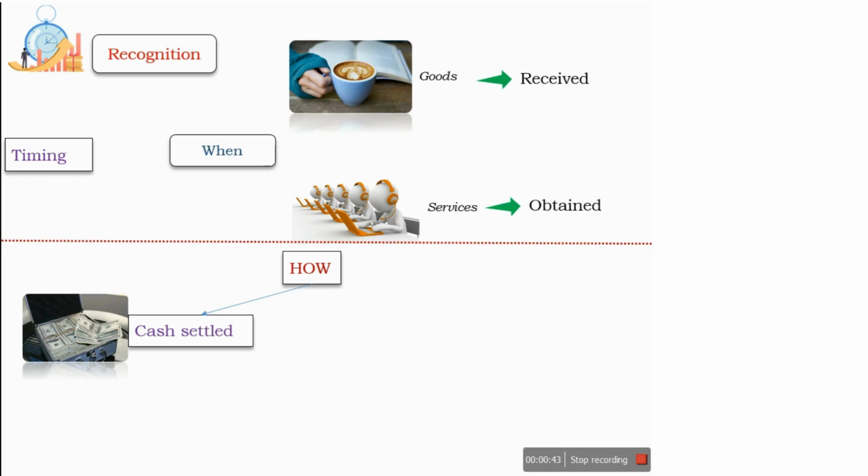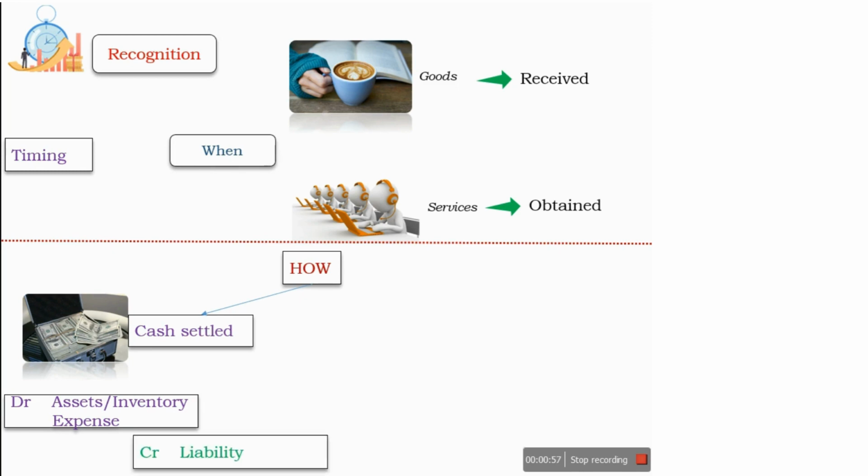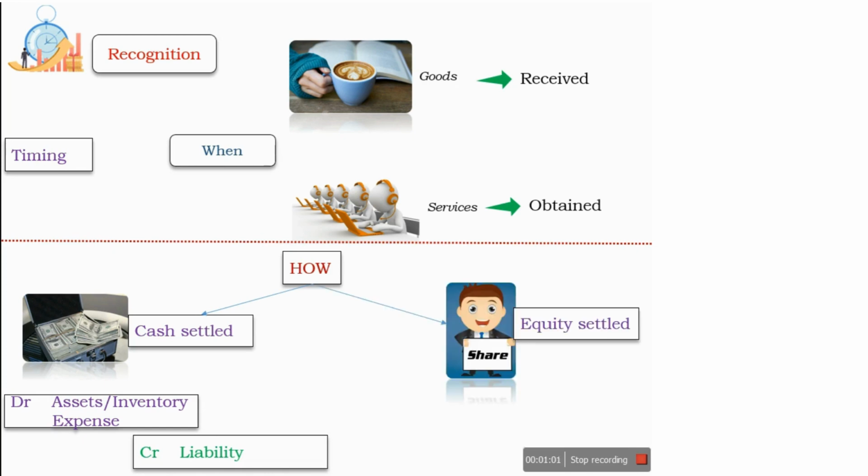If these transactions are classified as cash settled transactions, in that case, we will debit asset, inventory or expense, whatever is the nature of goods or services that we have received, and will create a liability. If the transaction is classified as equity settled transaction, in that case, the debit entry will remain the same as we have discussed in cash settled transactions.